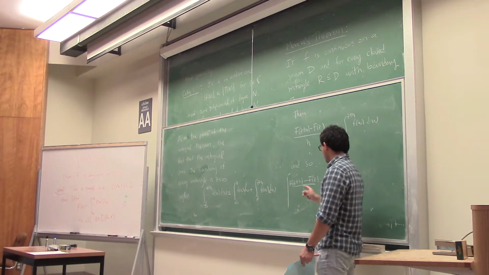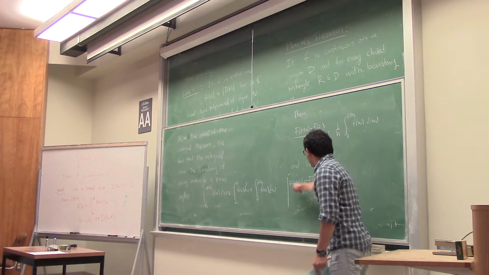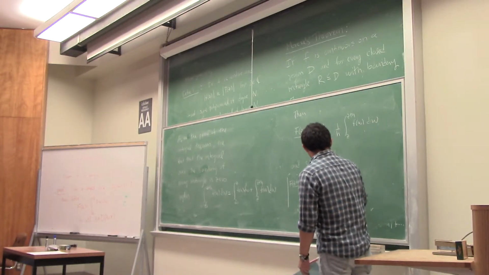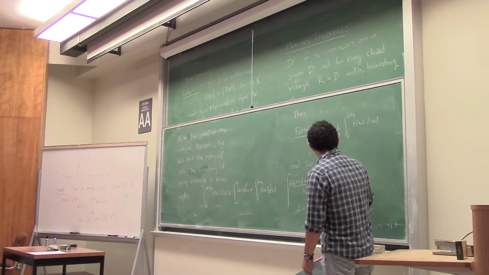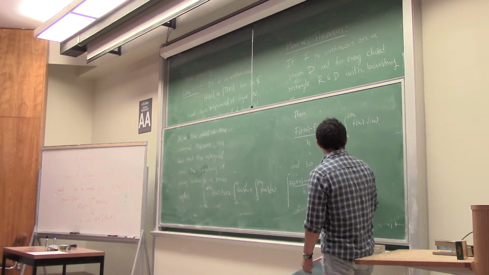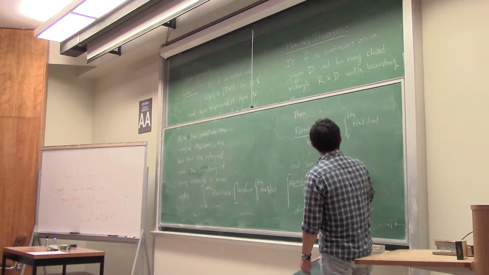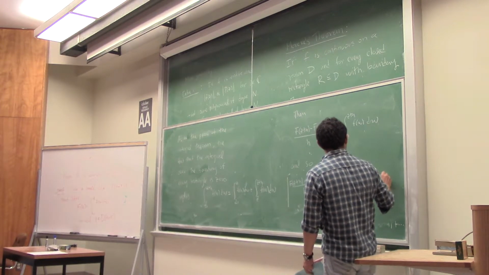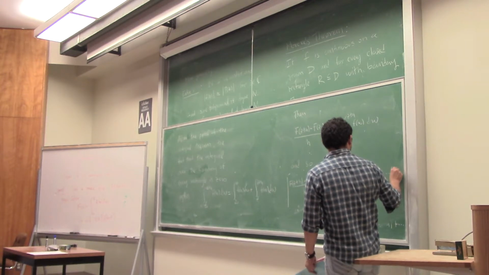That means that capital F is an antiderivative of little f. But then what is that? That part here is just the 1 over h integral from z to z plus h of f of w dw minus f of z.